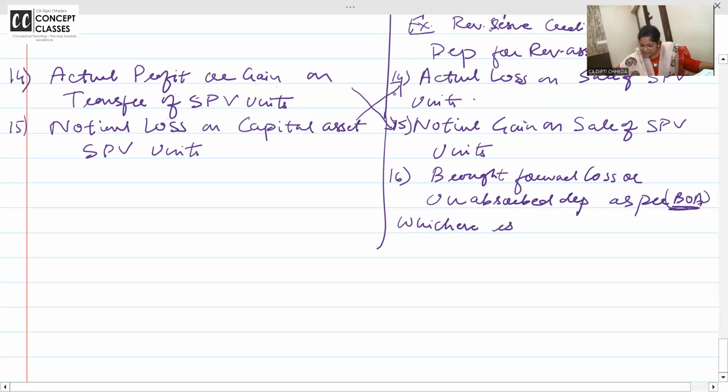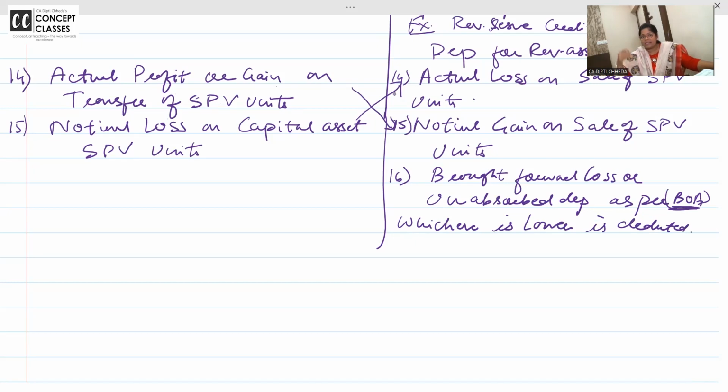Whichever is lower is deducted. Dear students, the right hand side list is the less list. Brought forward loss or unabsorbed depreciation, whichever is lower is deducted.